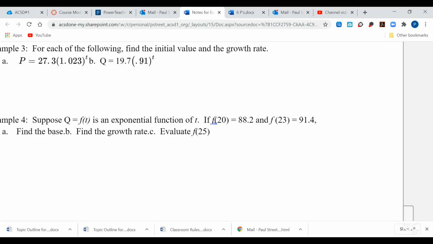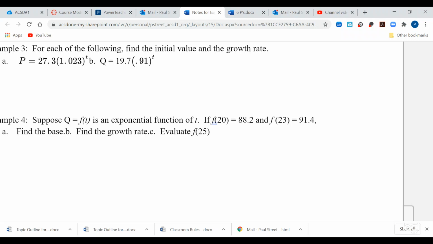So 88.2 is A, which we don't know, B, which we don't know, and the x is going to be 20. So we're trying to figure out the A and the B. Since there are two things we don't know, we need a second equation, and that's f of 23 equals 91.4. So we're going to say 91.4 is A, B to the 23.